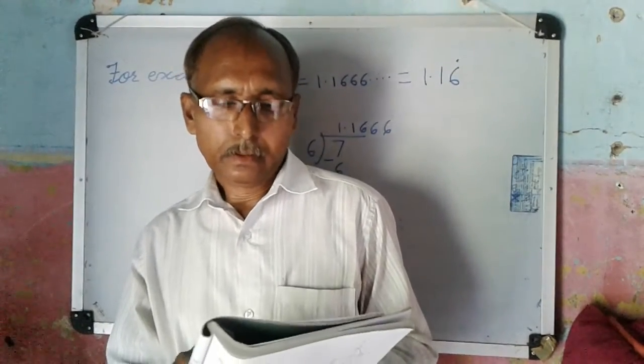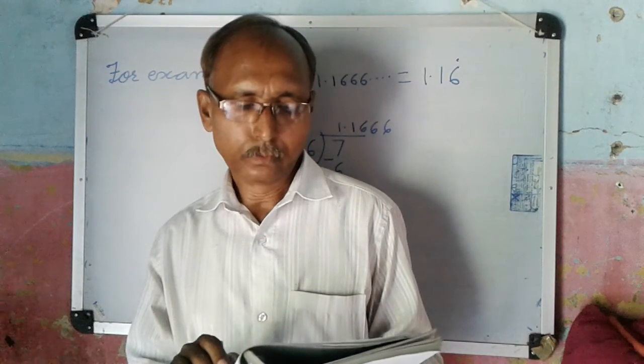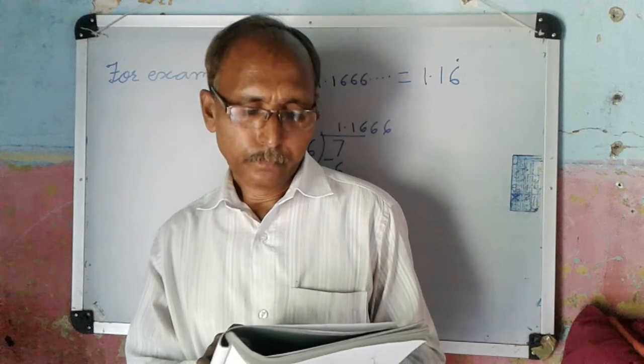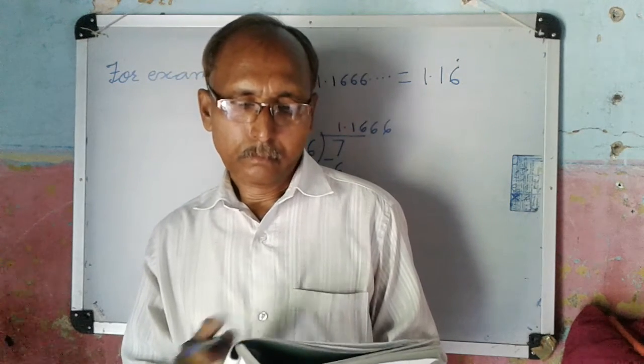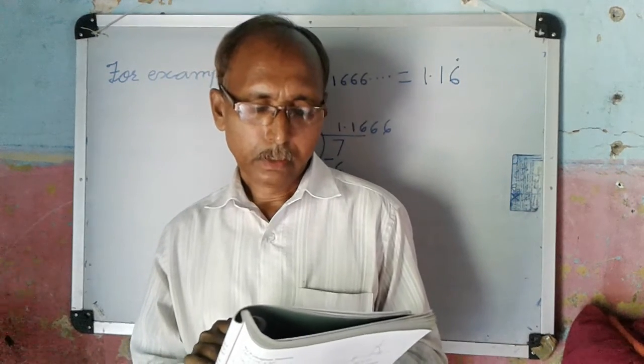Similarly, there are examples 2, 3, 4, 5. All are non-terminating recurring decimal form.